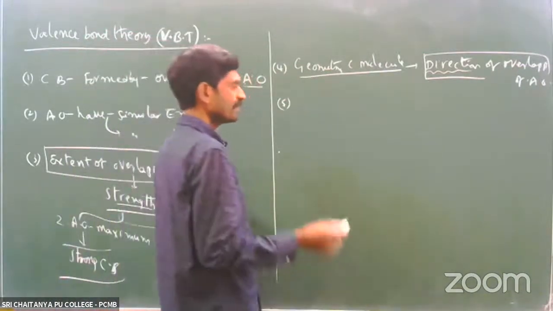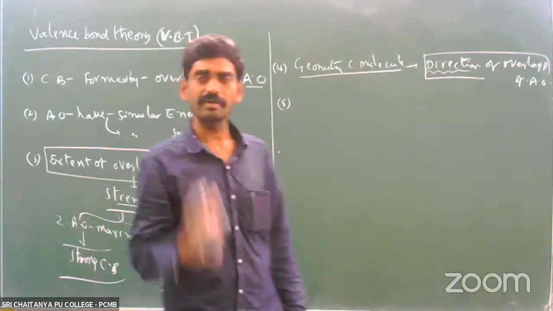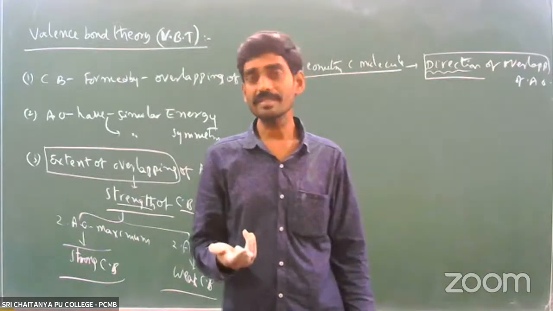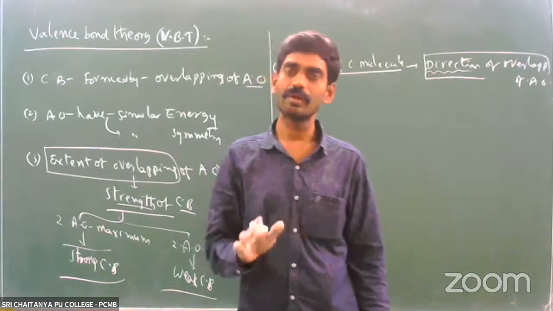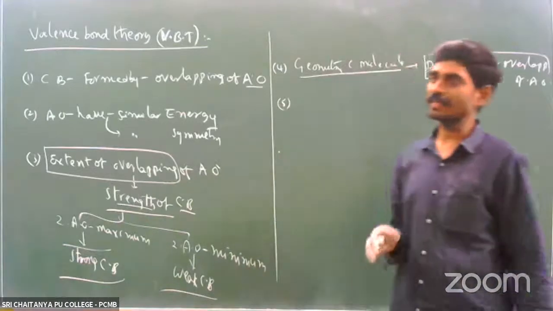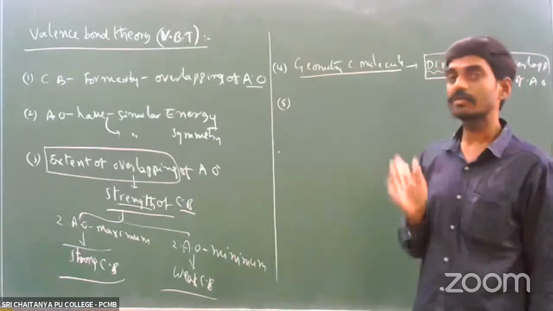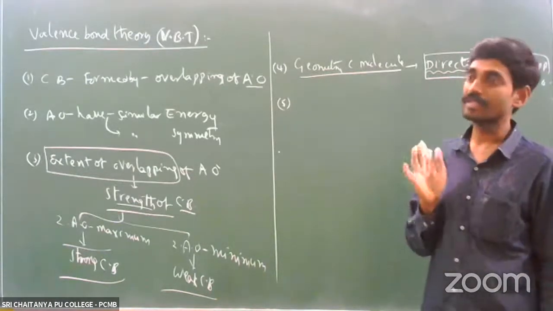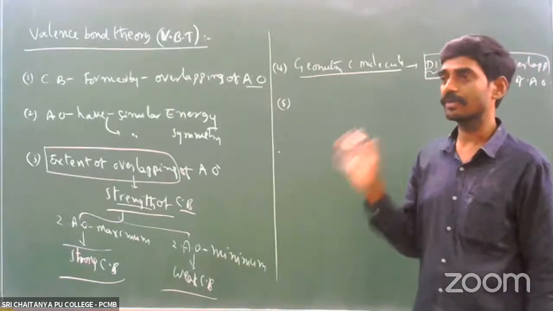According to this theory, a covalent bond is formed by overlapping of atomic orbitals. Which atomic orbitals? Will all atomic orbitals present in the atom? No. Only those atomic orbitals present in the valence cell, the outermost cell, participate in overlapping to decide the particular geometry of the covalent molecule.